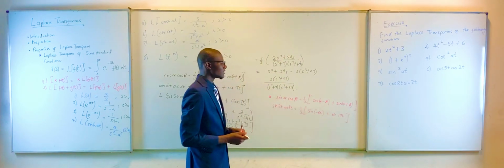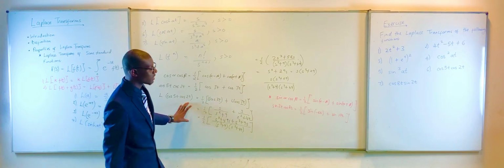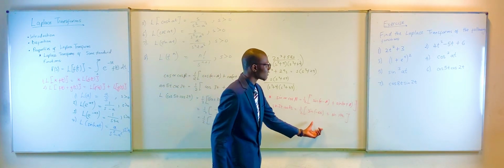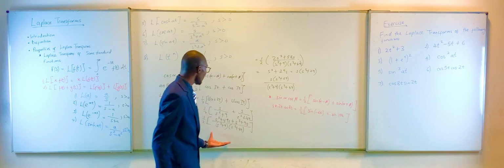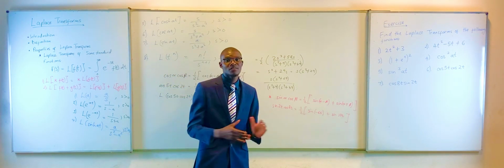So now after you've done this, you simply apply the same thing that we did here. You find the Laplace of this, the Laplace of that, then you combine that to give you a single fraction, then you just simplify everything.